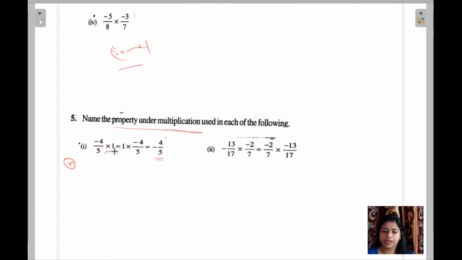If we multiply a number with 1, we get the same result. That means this is which property? This is multiplicative identity.